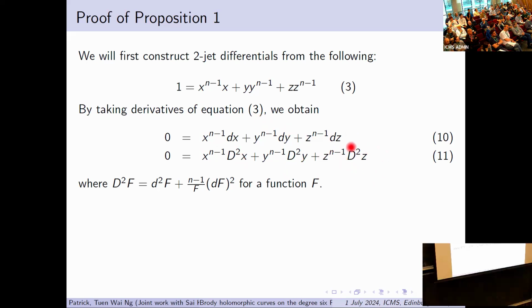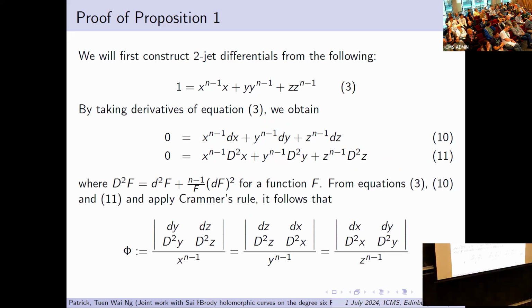The capital D here would be given by this jet differential. And then you do some linear algebra on this system of equations, and you can find some relationship among all these things. If you think of this derivative or differential as coefficients, you get this system of equations here.